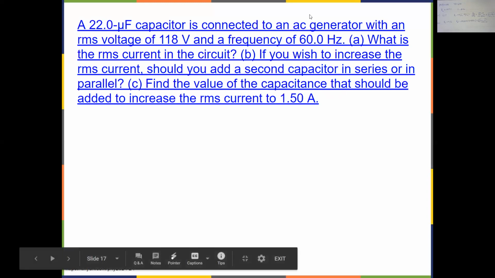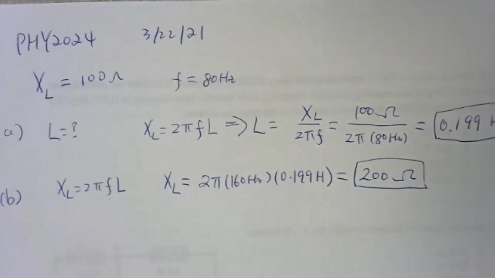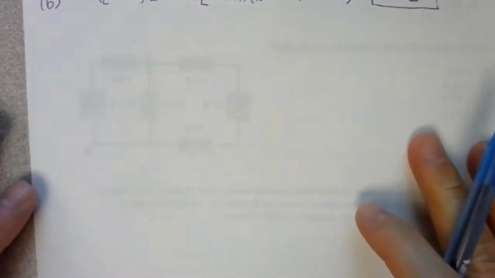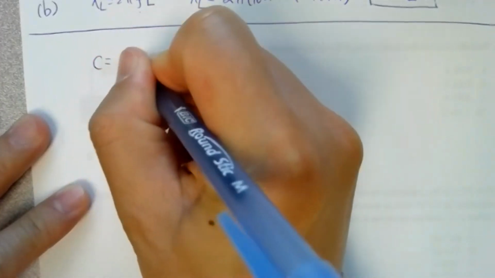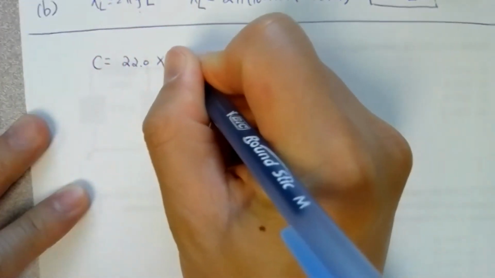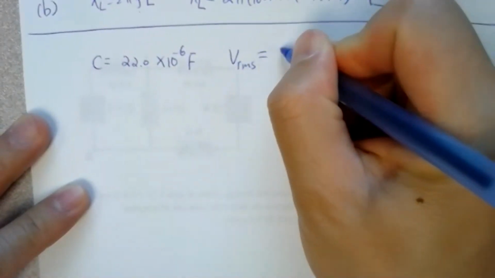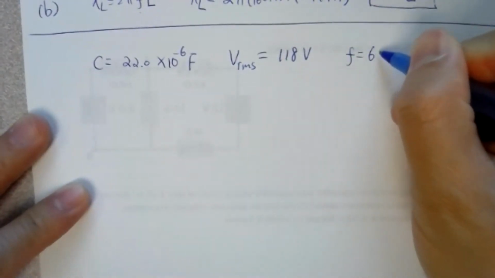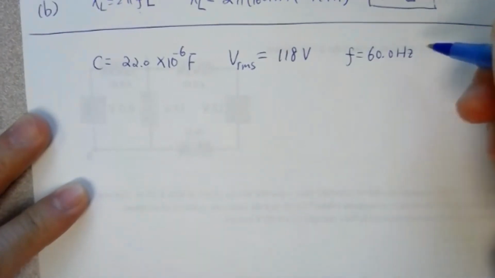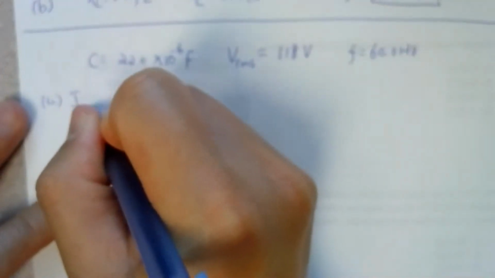All right, let me help you start with listing the knowns and a few other pieces of information. It tells us that C is equal to 22.0 microfarad, so times 10 to the minus 6 farad. It tells you that V RMS is equal to 118 volts. It tells you that the frequency is equal to 60 hertz. Now it's asking, what's the RMS current?